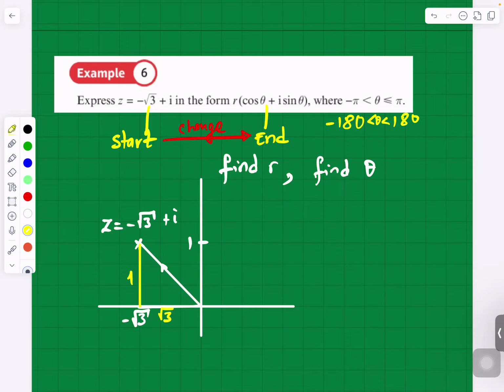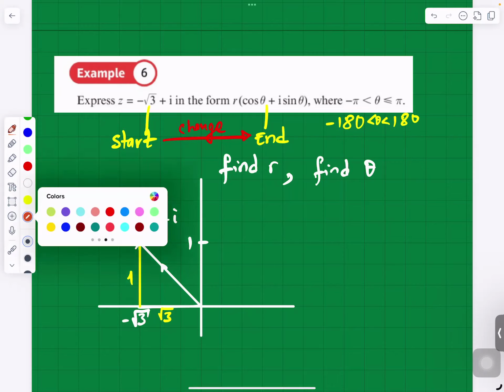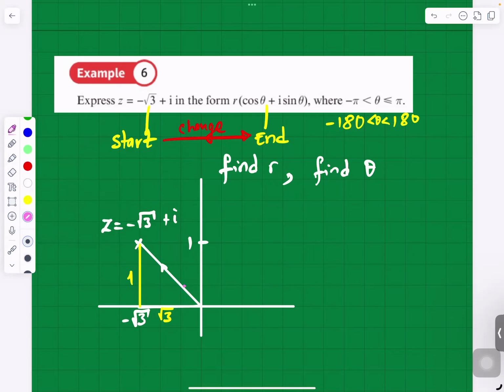The angle we want to find, which is the argument, I want a color which is opposite of green. The argument would be this pink angle that we want. So that will be the argument of z, the pink angle.